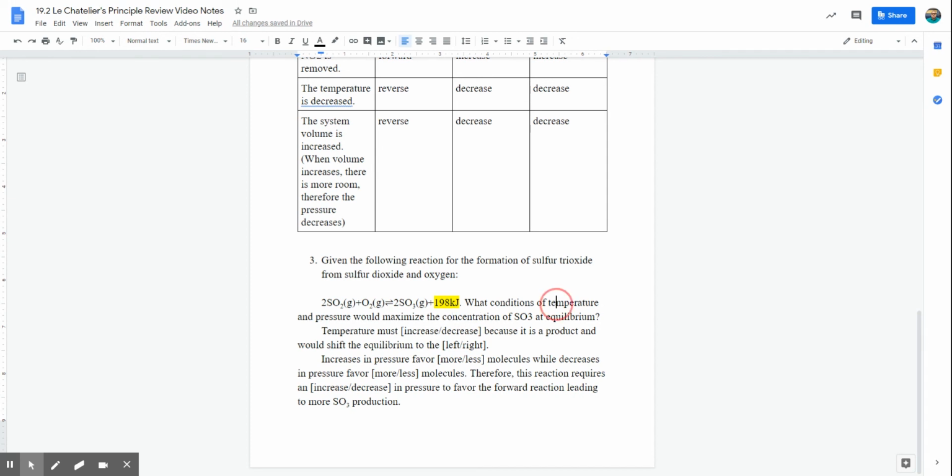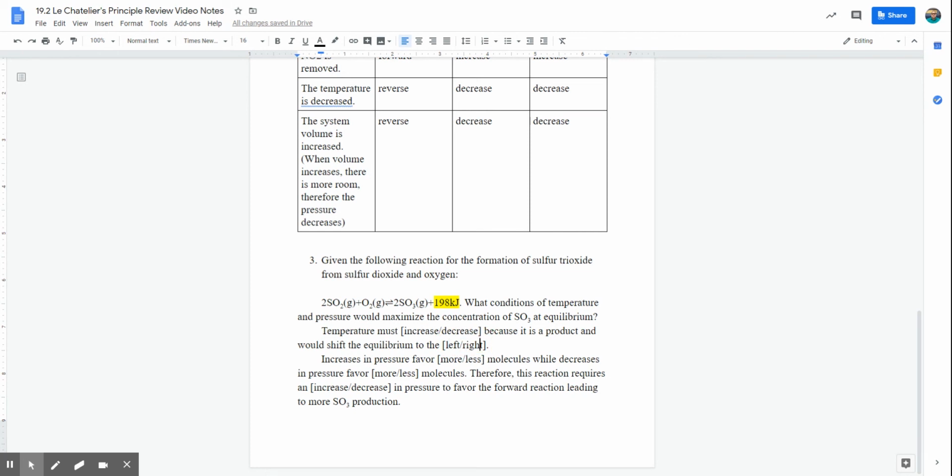What conditions of temperature and pressure would maximize the production of sulfur trioxide at equilibrium? So I wrote 2 sentences just so that you have an idea of how you should be writing these. The first one is about temperature. So temperature must either increase or decrease because it is a product, and it would shift the equilibrium to the left or to the right.